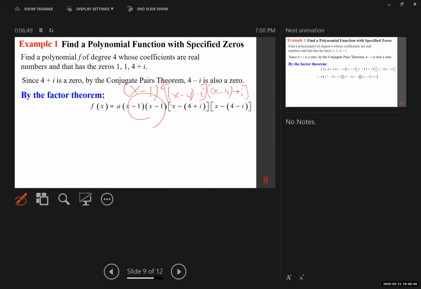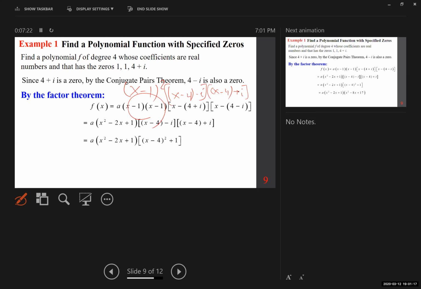Why do we write this? Because in the two brackets you're looking at a minus bi and a plus bi. The result is a squared plus b squared. So that is x minus 4 squared plus 1 squared. Are you with me so far? Everybody understood? So that's why I mentioned a plus bi and a minus bi.